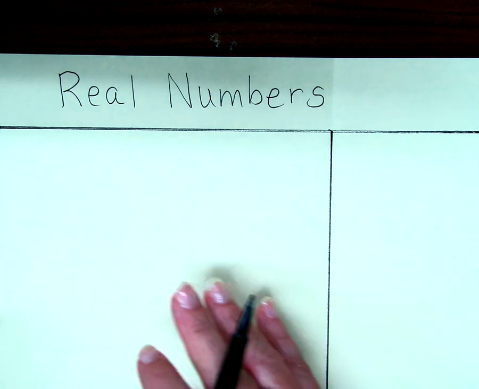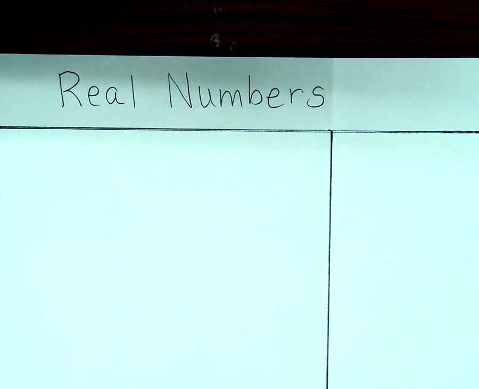So this whole paper today is going to be talking only about real numbers. Okay? And earlier they said, well, if there's real numbers, are there fake numbers? And I said, yes, but they're called imaginary numbers. But we're not going to talk about that today. I want to leave that for you to look forward to.